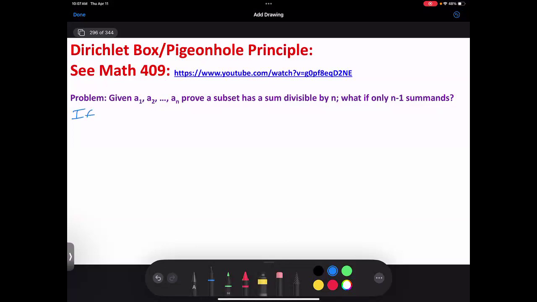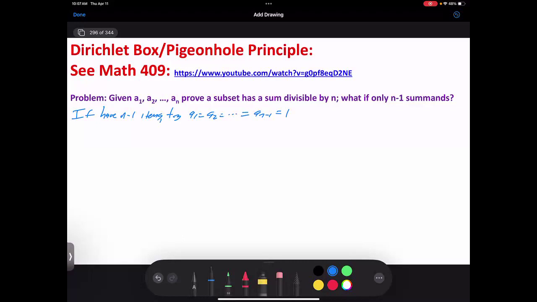So if I have n minus 1 items, try a1 equals a2 equals ... equals a_{n-1} equals 1. That won't work. So this tells us that if we had fewer than n items, we might have problems.